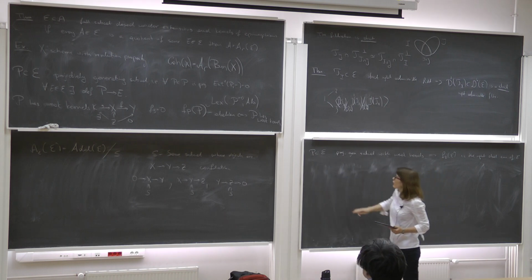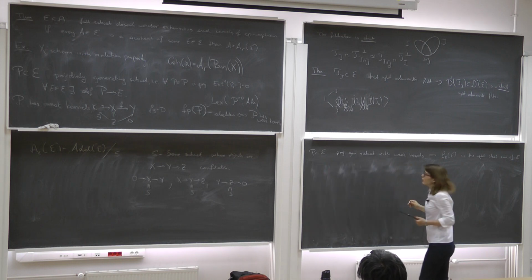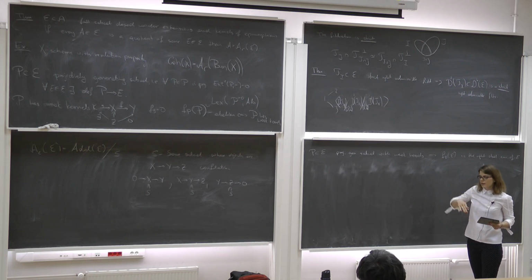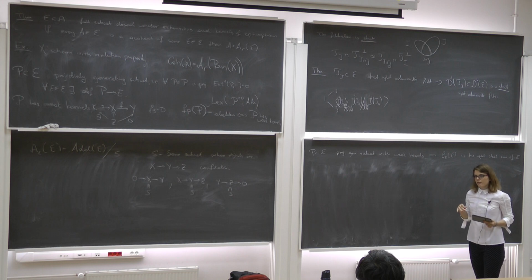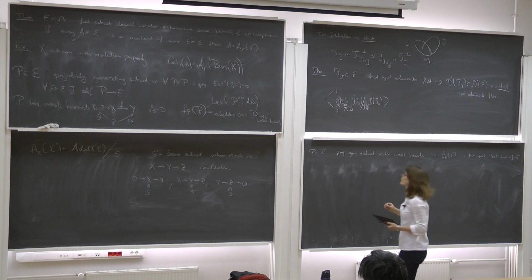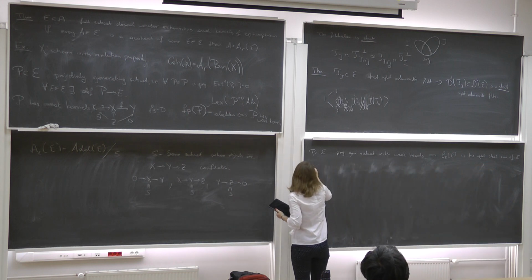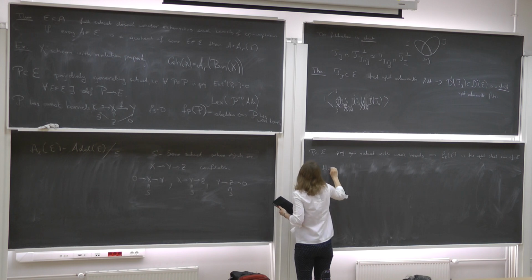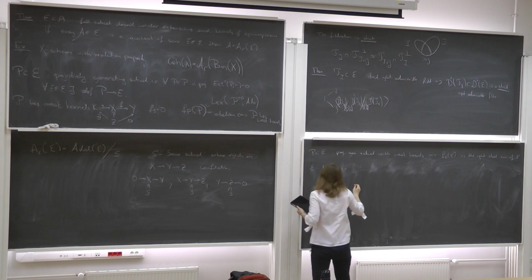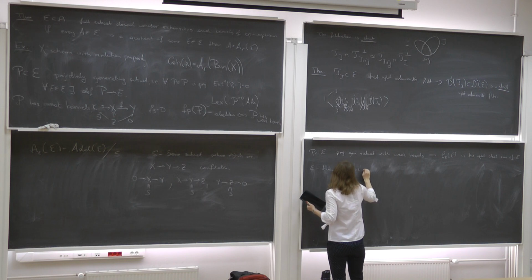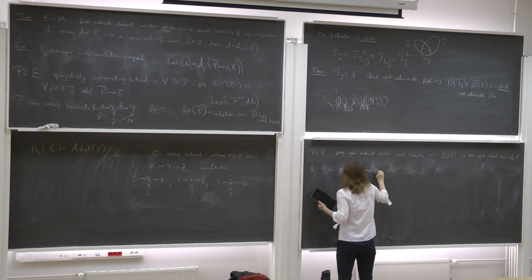And so this observation allows us to construct right and left abelian envelopes for thin categories. So now if E is thin, then it has enough projectives and injectives.